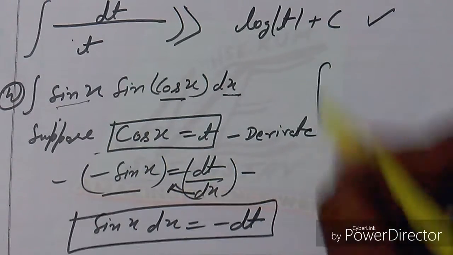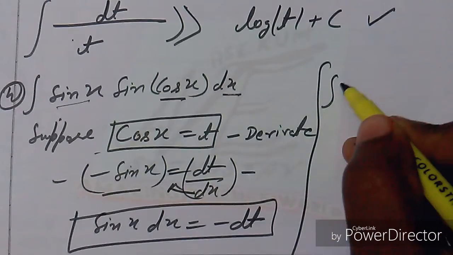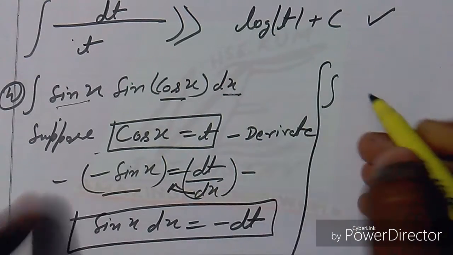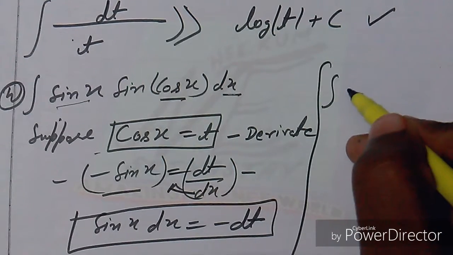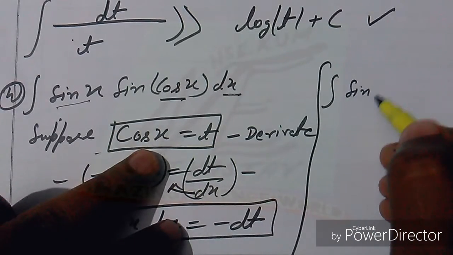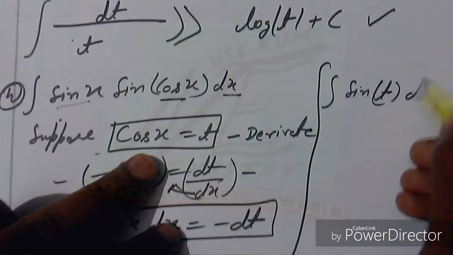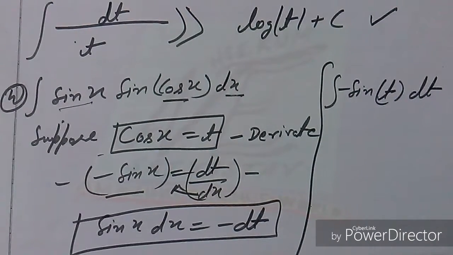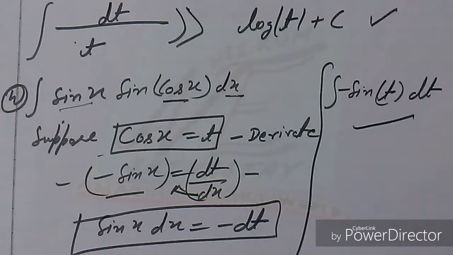It is a very easy question. The integral becomes sin x dx replaced by minus dt, and cos x is equal to t. Now we integrate it and the answer comes.